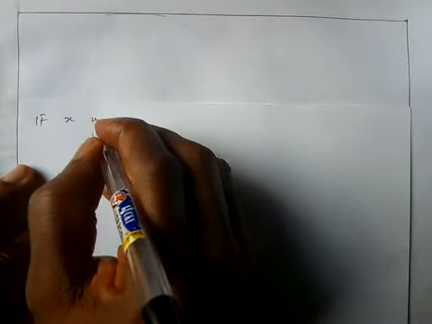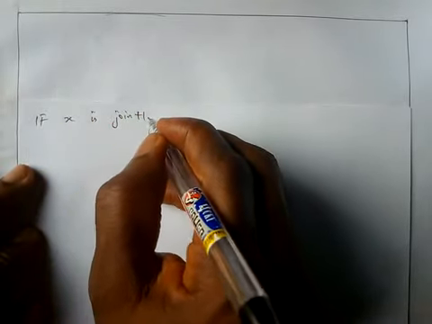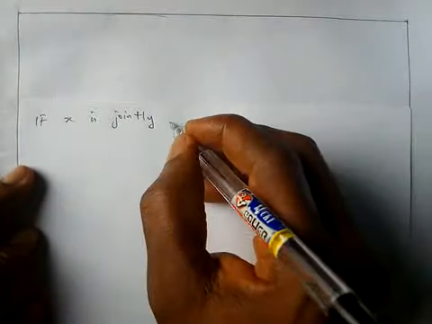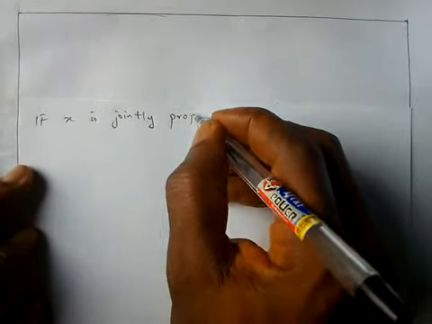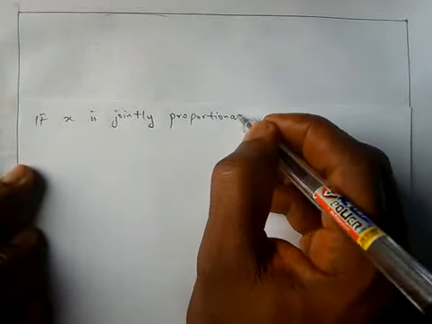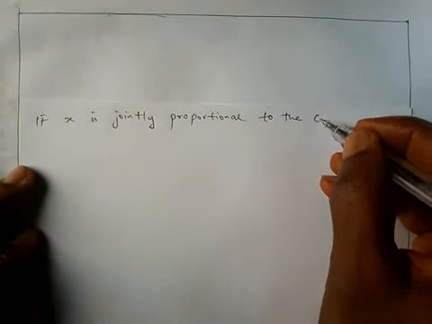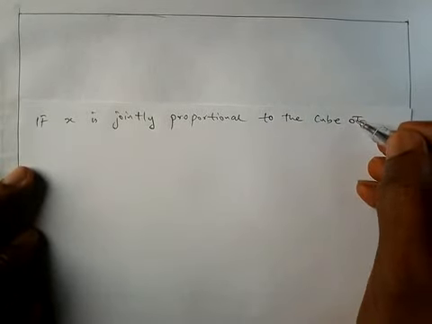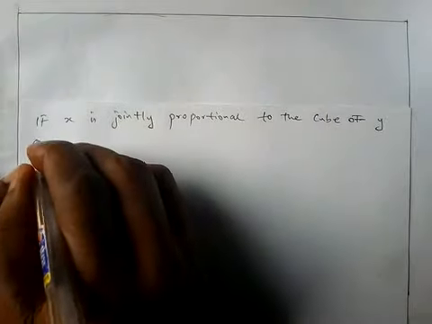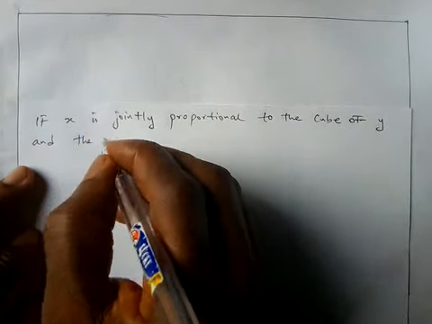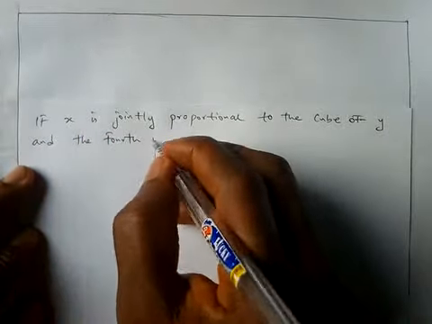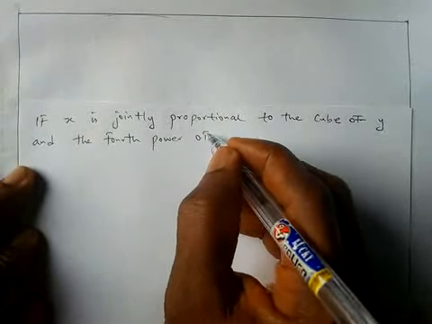Now this next question is demanding that if S is jointly, okay, in this case it was stated as jointly, so your mind should go to jointly proportional to the cube of y and the fourth power of z.